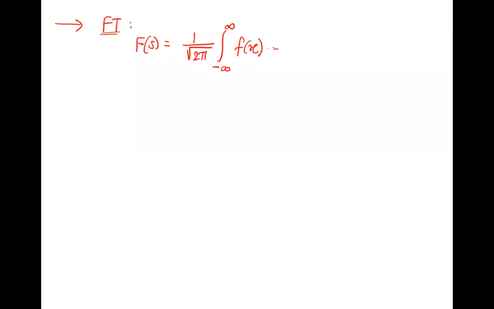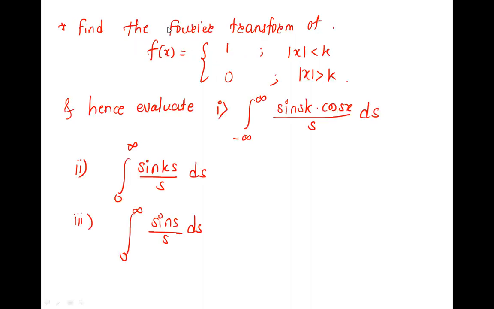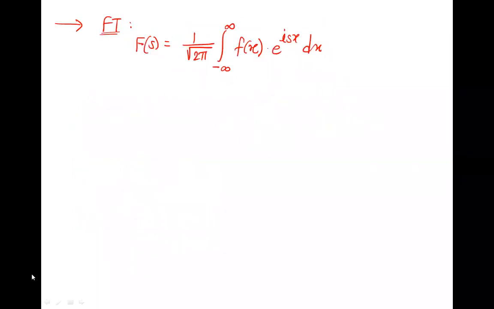For the straightforward Fourier transform, there is plus, and for the inverse, there is minus. So if the question is not inverse, the question is the Fourier transform, and given is a function in x, so we should use the Fourier transform formula. Good. This is what the definition is, and then we have to solve it.